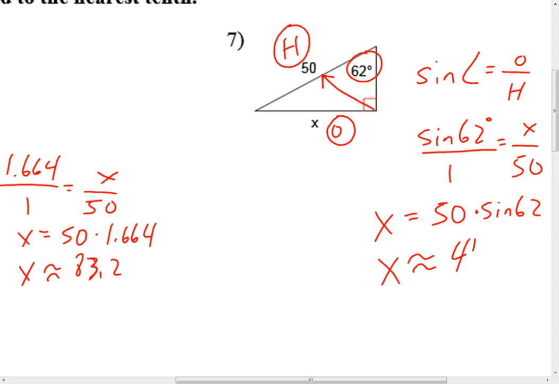You're getting 44.1. Check and see, what did you do wrong? Is it mislabeled? Do you have O and H? Do you have sine? Do you have 44.1? Did you cross multiply? Did you set up the proportion the same way I did?